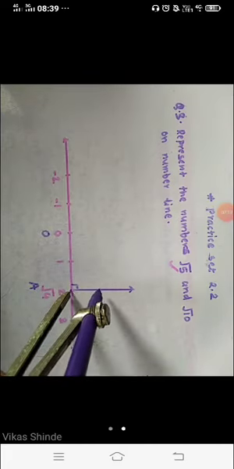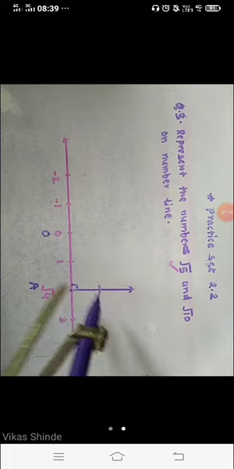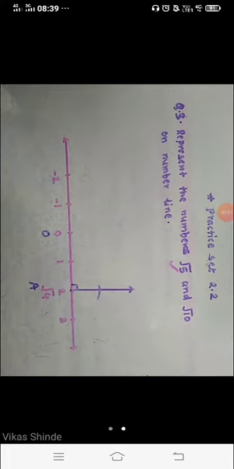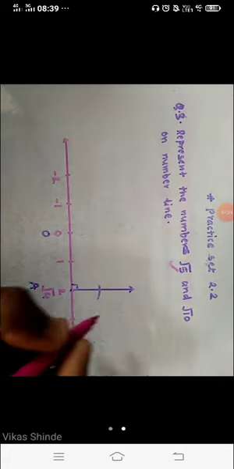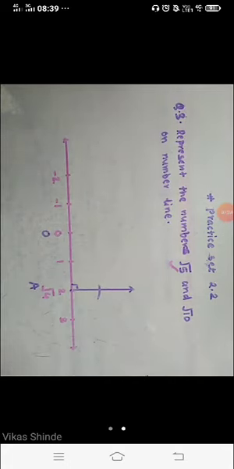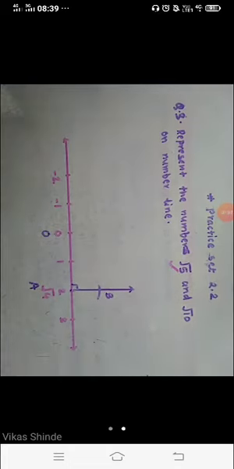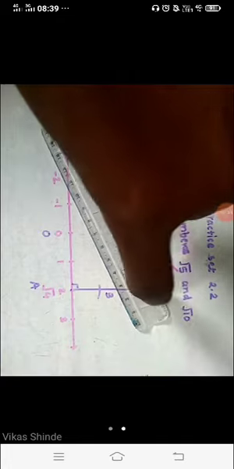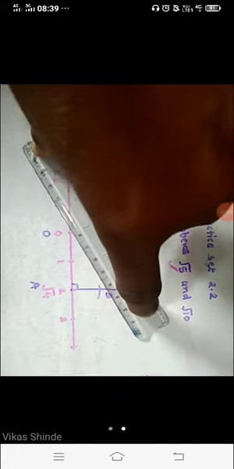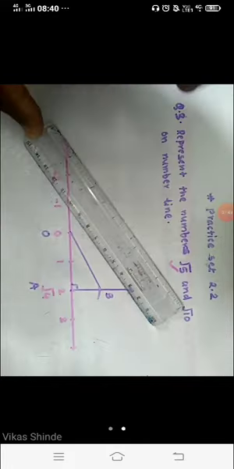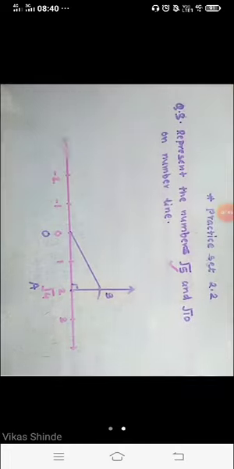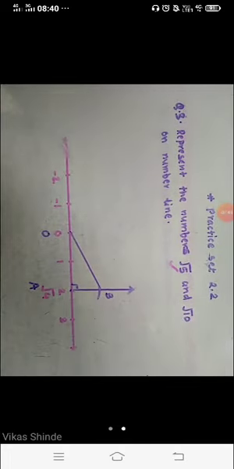Draw one arc on that perpendicular. After this, mention another point, suppose B. Then join O and B. Join these 2 points.